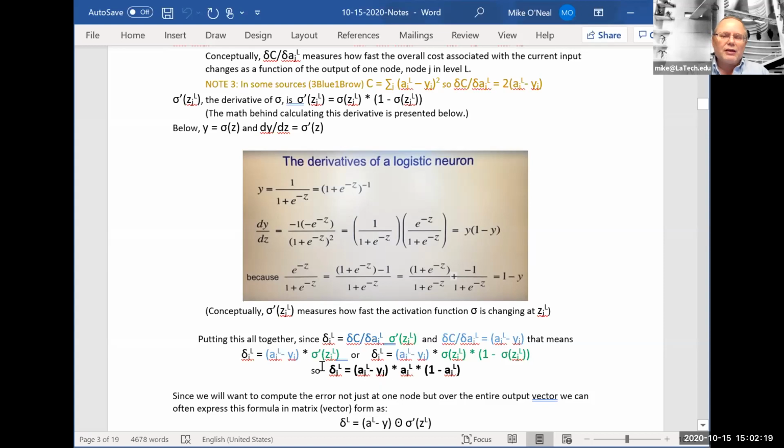So putting it all together here, you can think of the derivative of the error in node J as being the derivative of the cost function with respect to the output of that node times the derivative of the activation function. So I just color-coded it blue and green here.